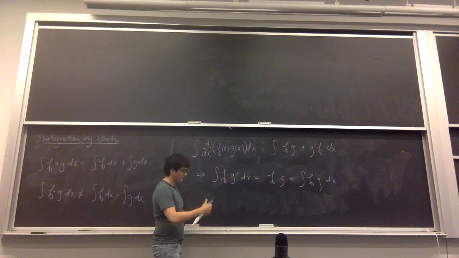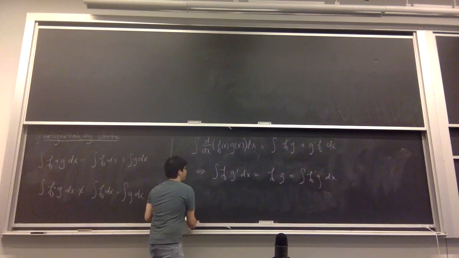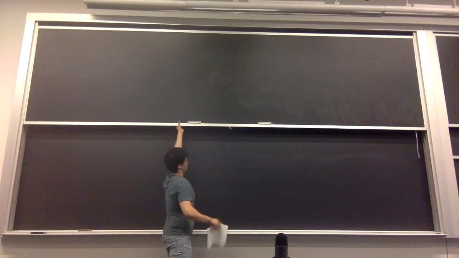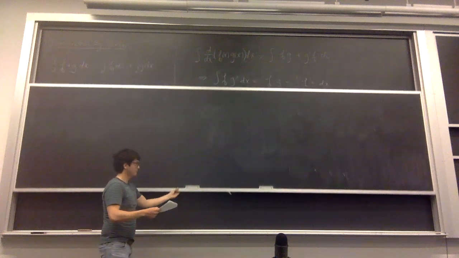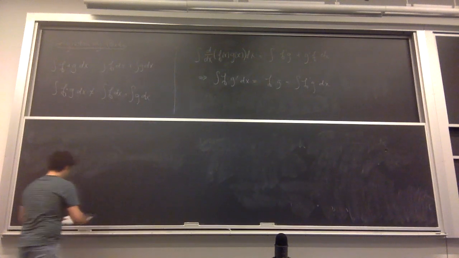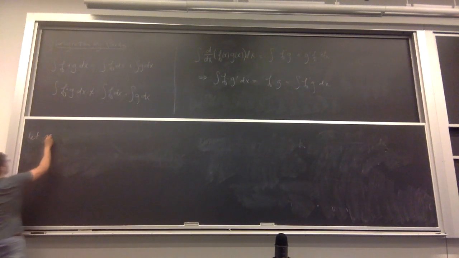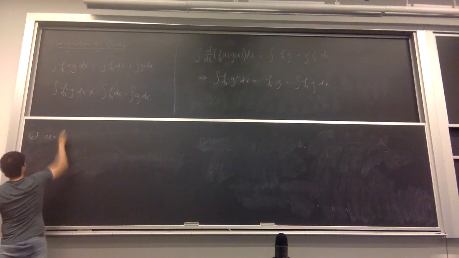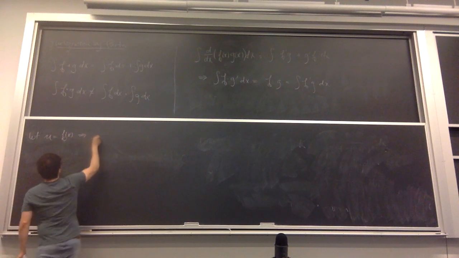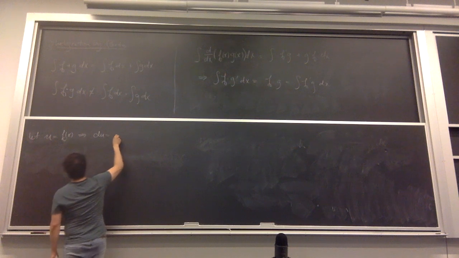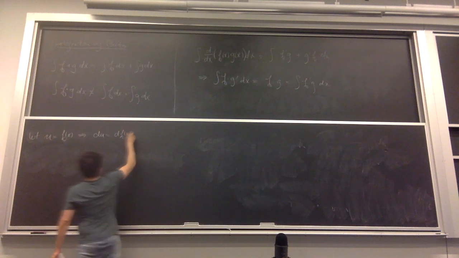But we write it in a little different way. Okay, if I let u equal f of x, that means du is equal to f prime of x dx.